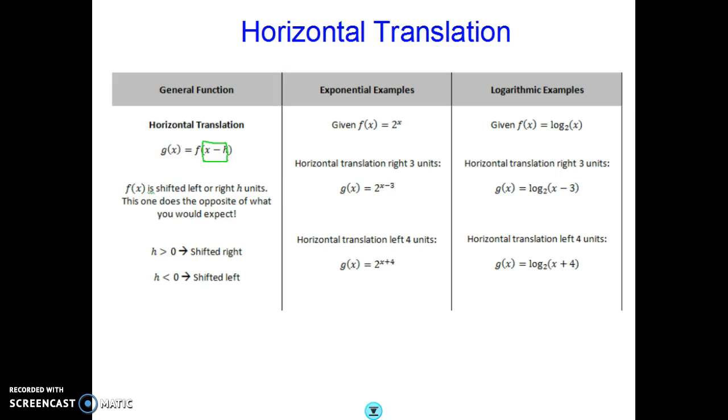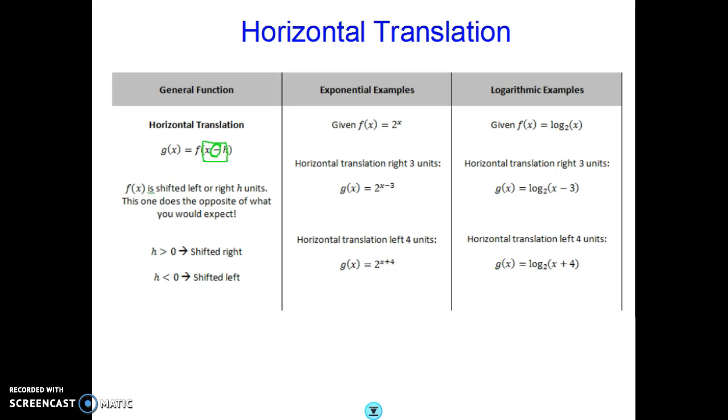So in order to do a horizontal translation, your original f of x has to be replaced by some function where you have, instead of just x in there, you have x plus or minus something. And similarly, if h is greater than 0, we're shifting to the right. If h is less than 0, we're shifting to the left. However, this kind of has the opposite effect of what you would think because of this minus sign here. This minus sign plays a big role. And we'll see exactly what that does in a second.